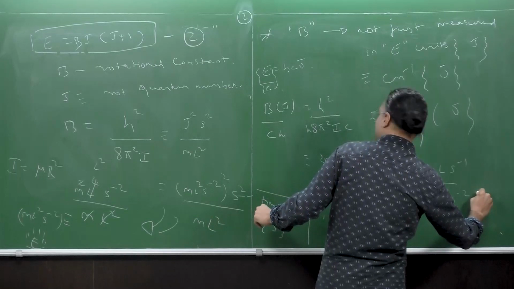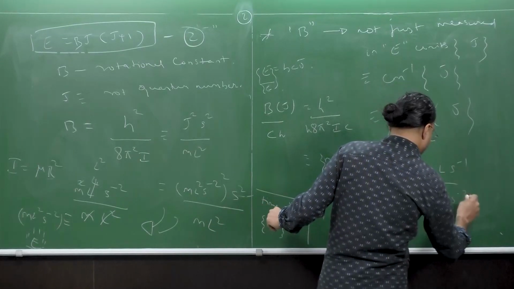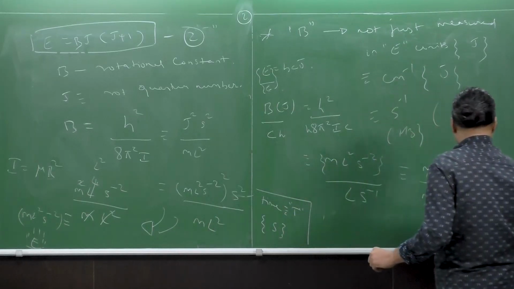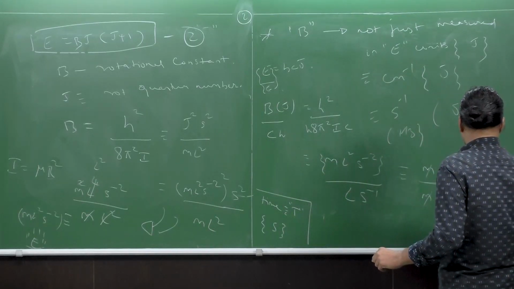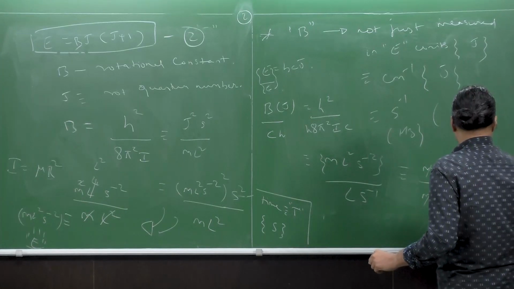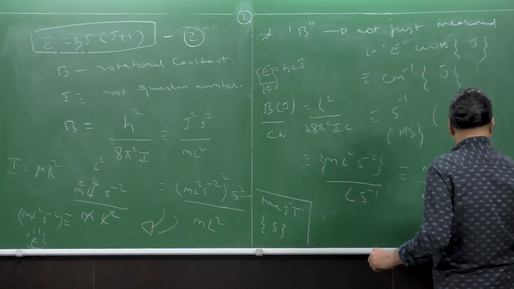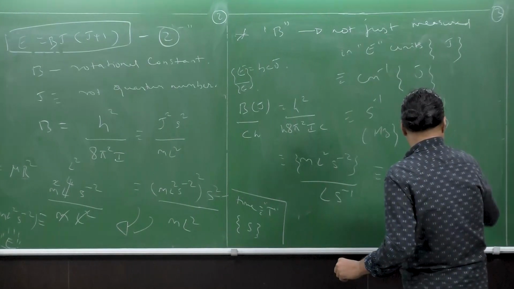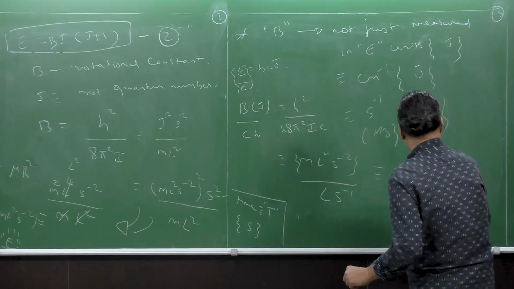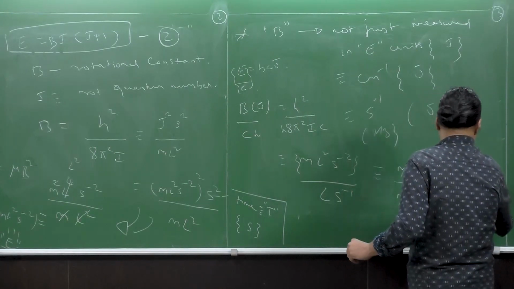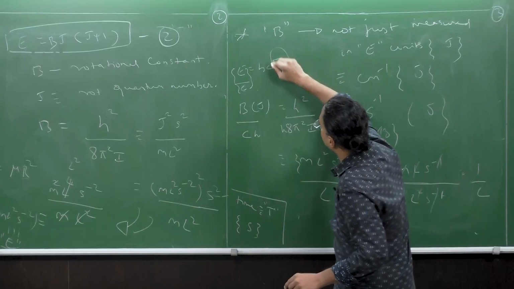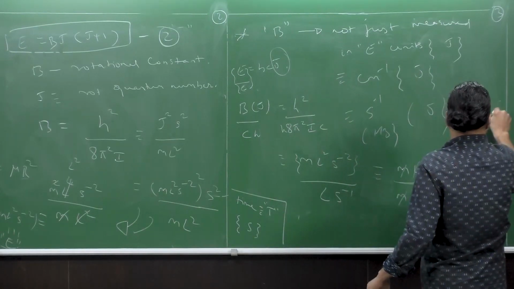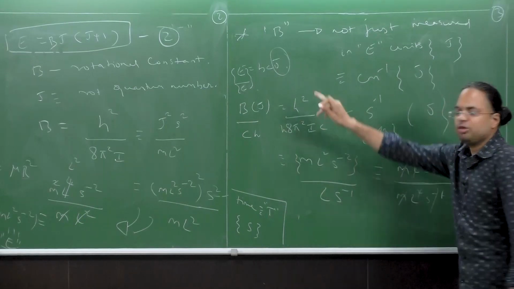So the mass gets cancelled out, and then this is s to the power minus 1, and this is going to be s to the power minus 1 effectively. So they also get cancelled out, and I'll be having length by length square, which is 1 over L. In other words, I'll be getting the units of nu bar. So this can be measured in centimeter inverse.